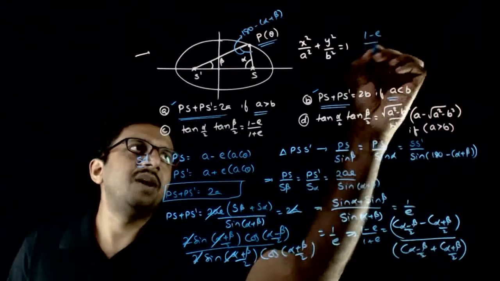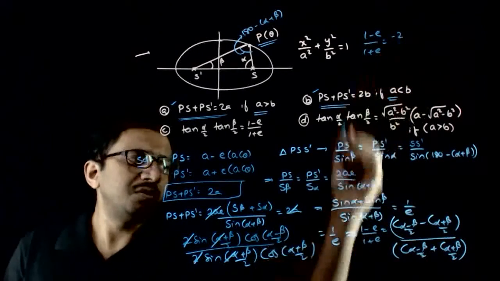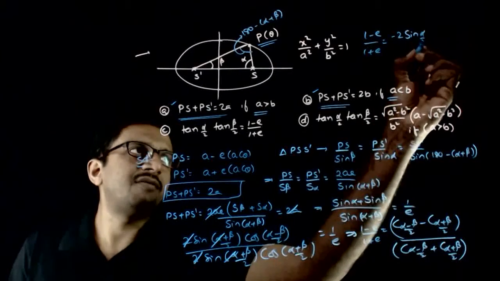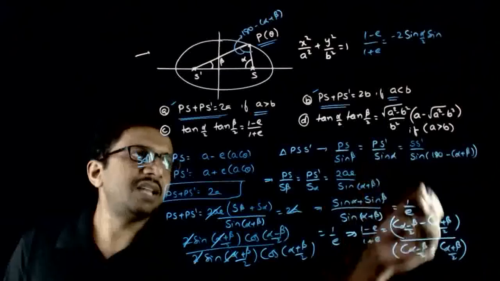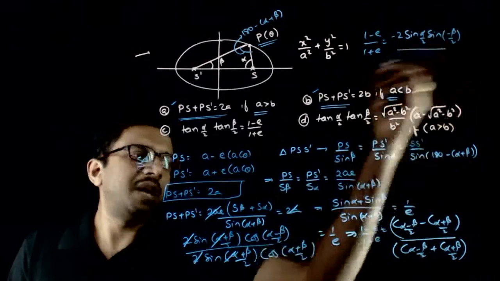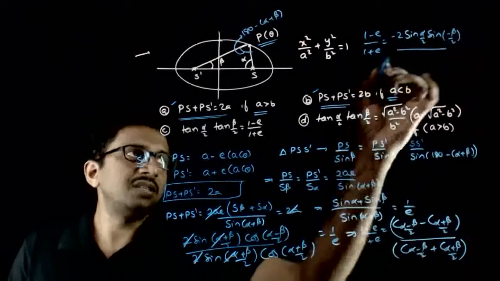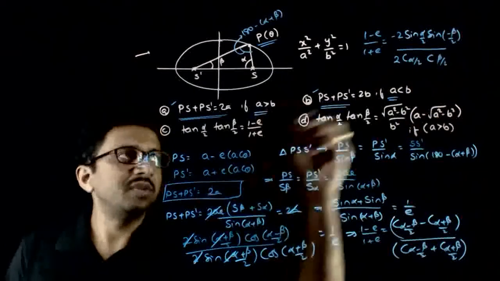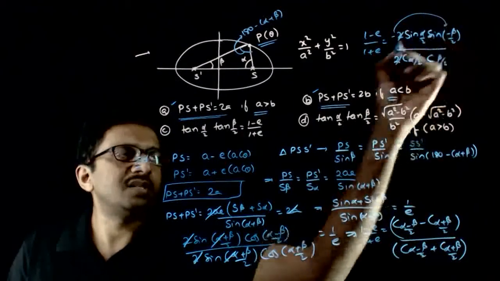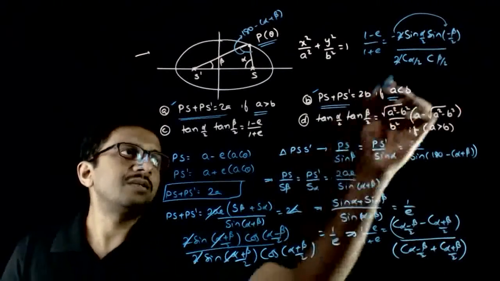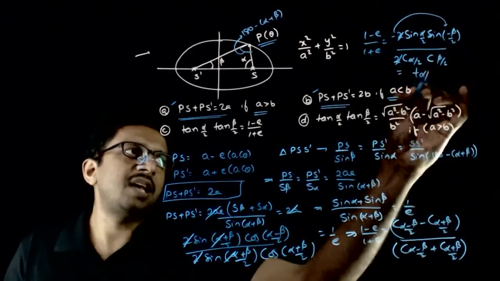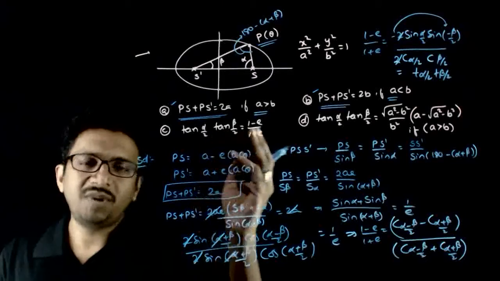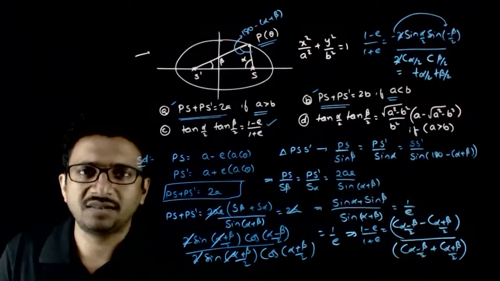So (1 minus E) by (1 plus E) is equal to minus 2 sin alpha by 2 into sin of minus beta by 2, divided by cos C plus cos D, which is 2 cos (C plus D) by 2 cos (C minus D) by 2. The 2 and 2 get cancelled, and the minus goes inside and gets cancelled with the minus. So that is equal to sin alpha by 2 by cos alpha by 2, which is tan alpha by 2, into tan beta by 2. So tan alpha by 2 into tan beta by 2 is (1 minus E) by (1 plus E), which is also a right answer.